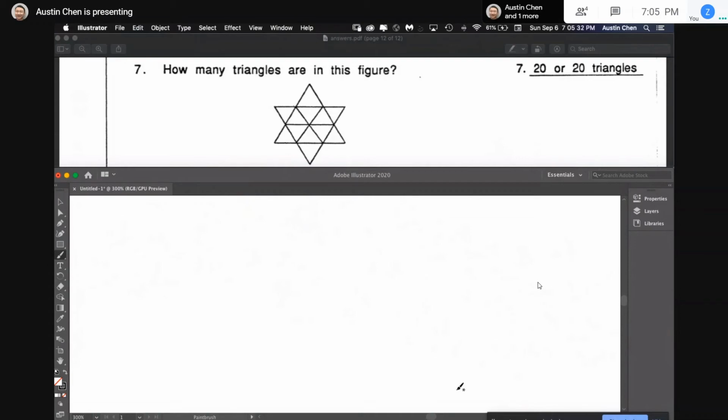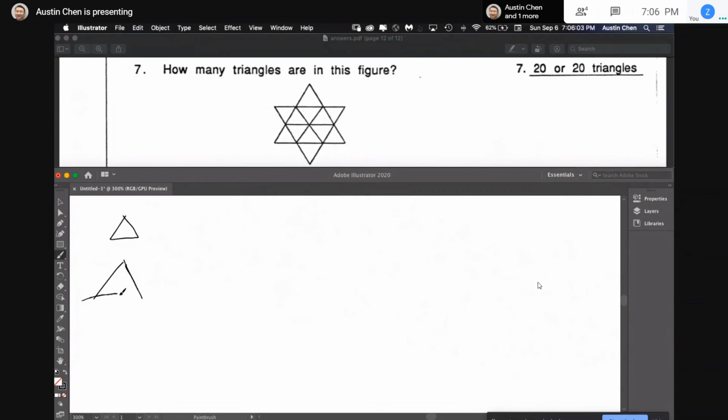So we have the question: how many triangles are in this figure? What I would do is count separately the different kinds of triangles that we have. I would first count the smallest triangles, which would be these 1 unit ones.